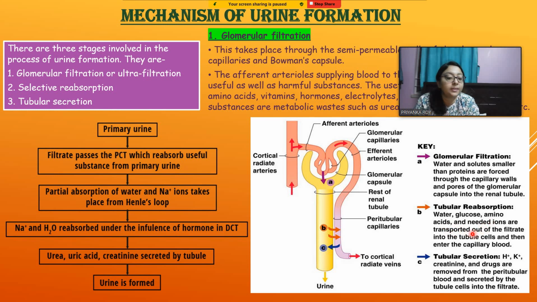Whatever is useful in the filtrate from the PCT goes back to the body again via the capillaries. Then there is tubular secretion. Some harmful substances that are not removed are secreted into the renal tubule from the blood of the peritubular capillaries. So these three are the major events taking place in the formation of urine.